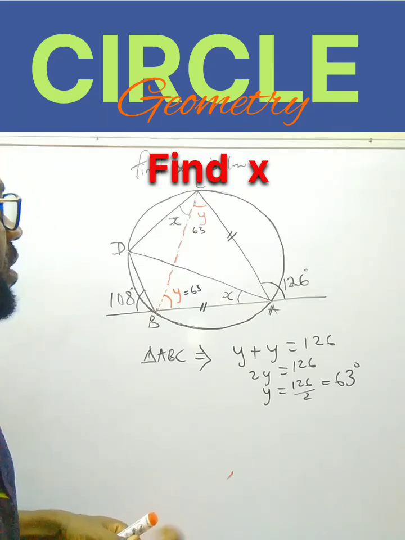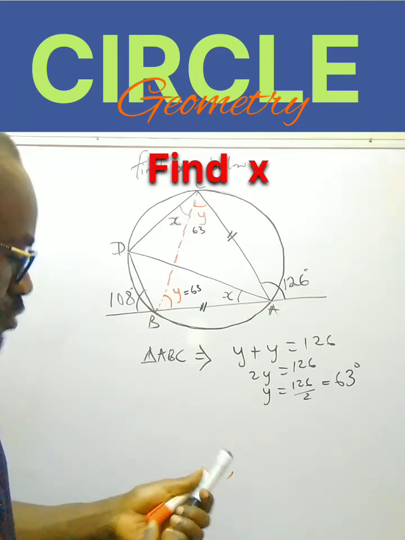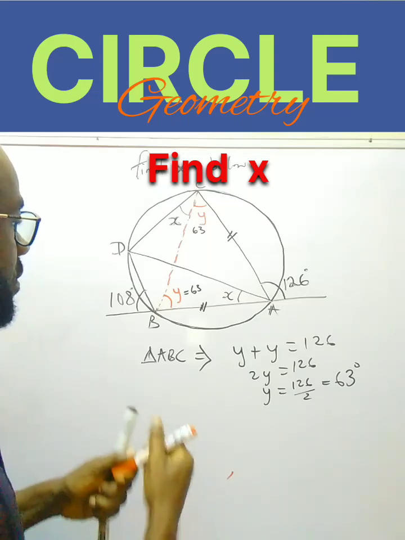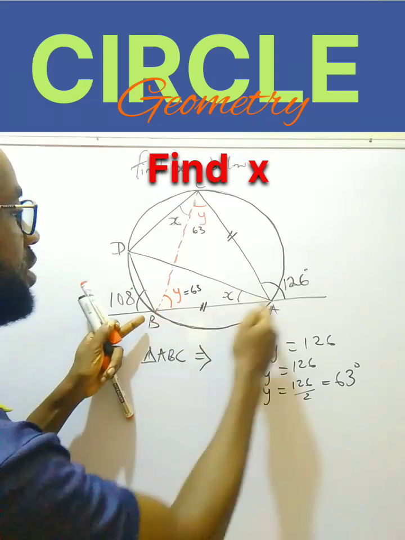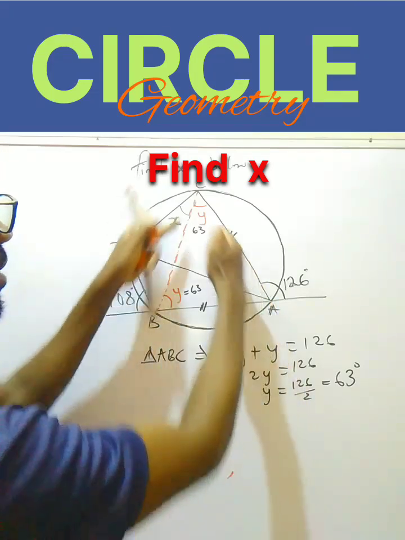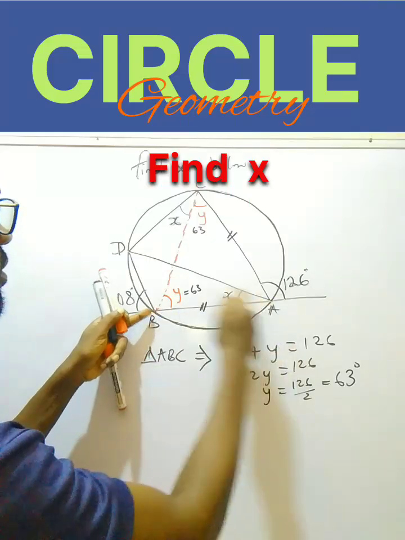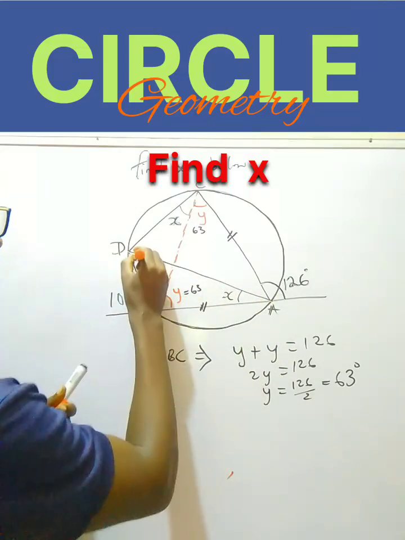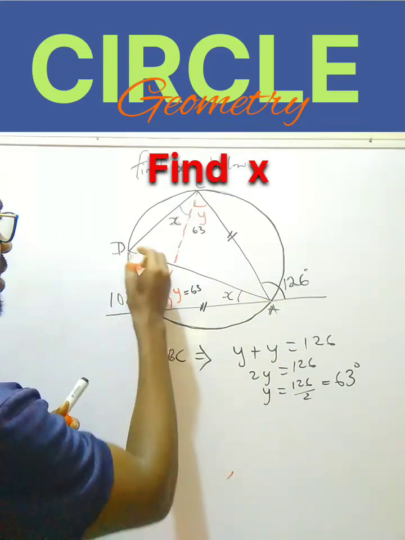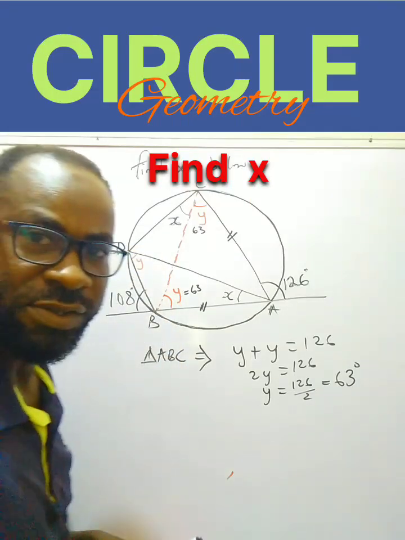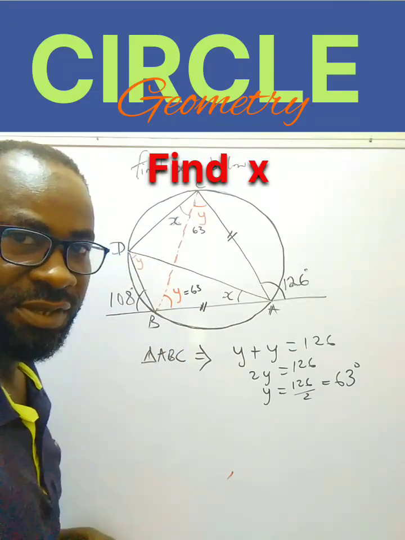So what is left for us to get now is x. How do we get x? Very simple as well. Now, this chord BD subtends this angle y. This chord BD also subtends this angle here. So this angle and this angle are also angles in the same segment.